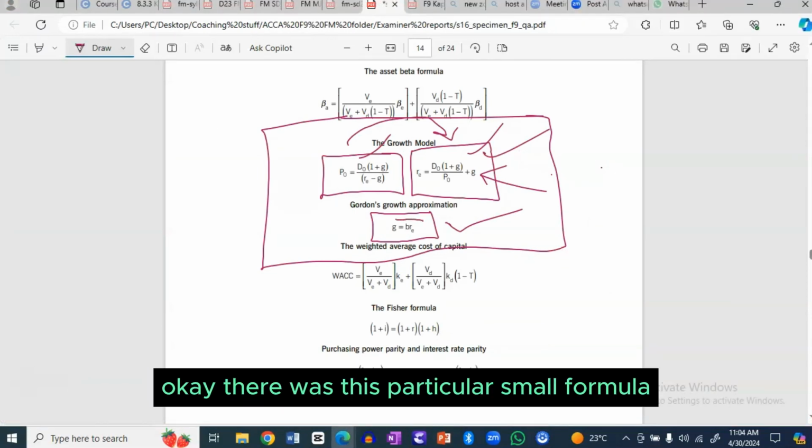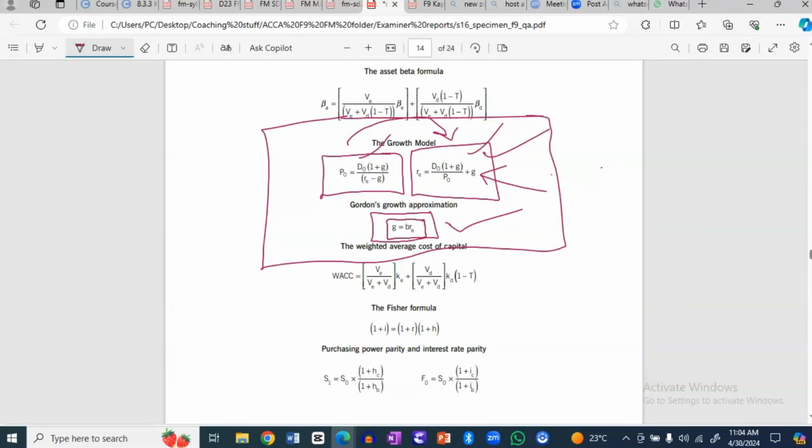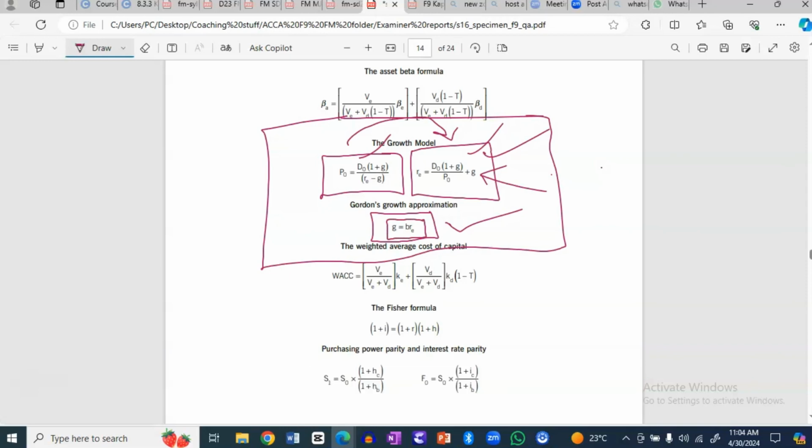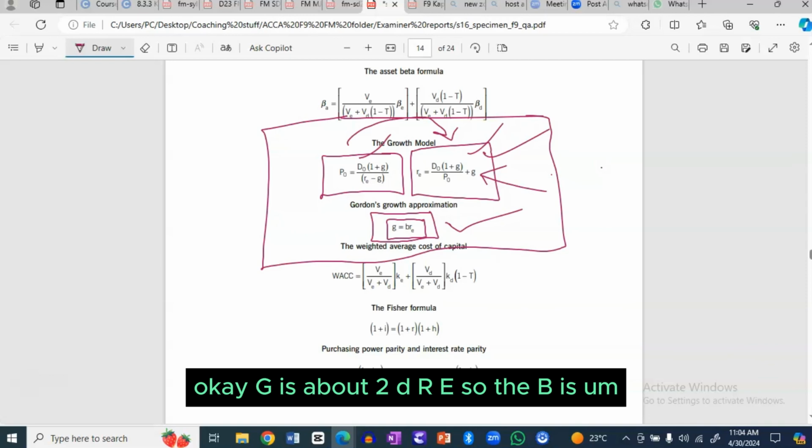There was this particular small formula: g is equal to b Re.